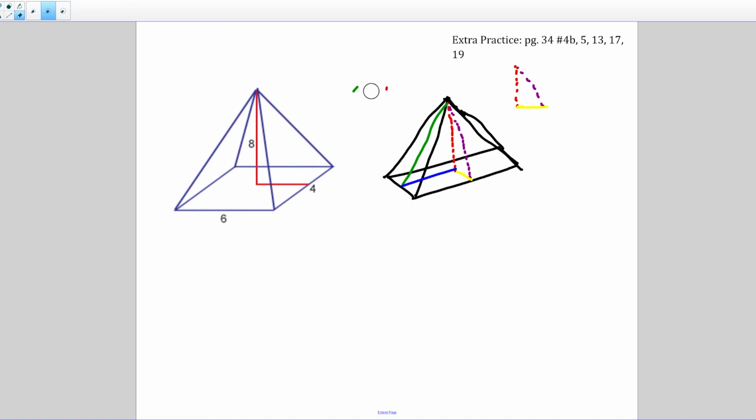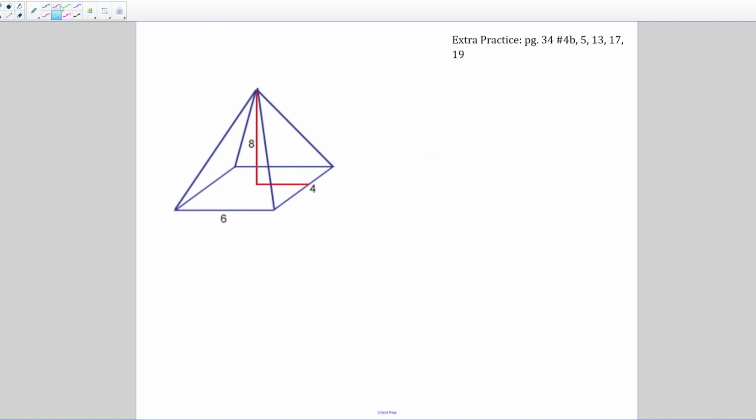Now, applying the same idea to our example here, I'm going to go ahead and draw my 2 different slant heights. So I've got this green one coming down the side, and then let's say we have a purple one coming down the front of this side. I'm going to connect these with the blue.